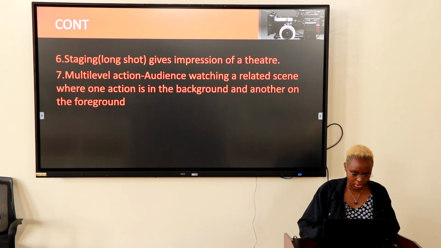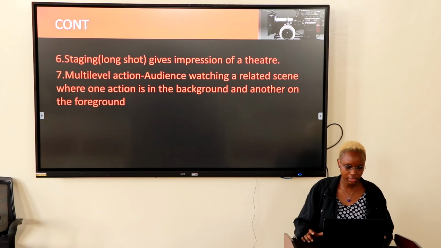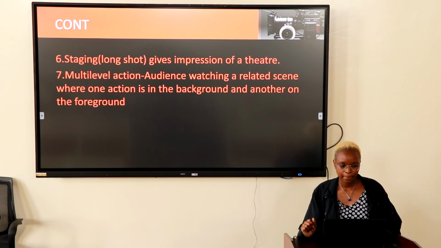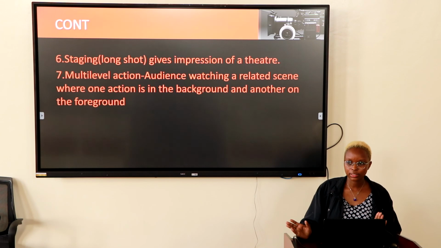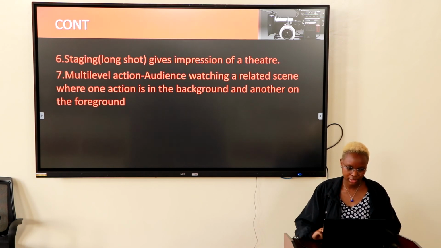Then last but not least, we have staging and multi-level action. So staging is just a long shot that gives the impression of a theater. It can be a scene in like a hotel, something of the sort.